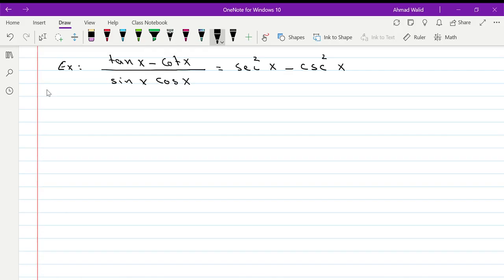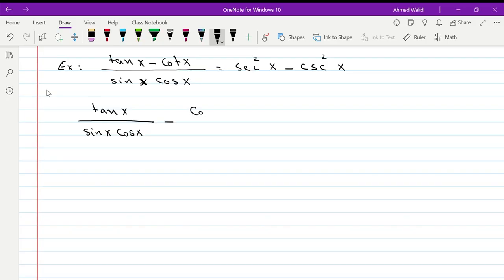First thing, because here I have sin x cosine x, I'll try to make these two separate fractions. I will rewrite as tan x over sin x cosine x. Why am I doing this? Because if I write tan x in terms of sine and cosine, I can simplify this fraction.